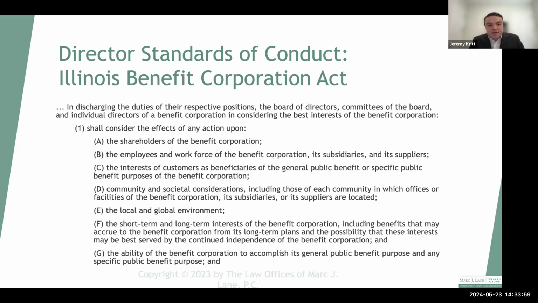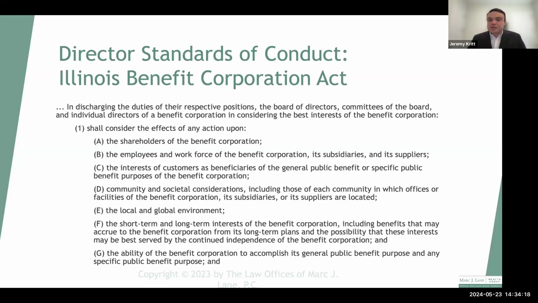Then you'll see F there, the short and long-term interests of the benefit corporation, including benefits that may accrue from its long-term plans and the possibility that these interests may be best served by the continued independence of the benefit corporation.